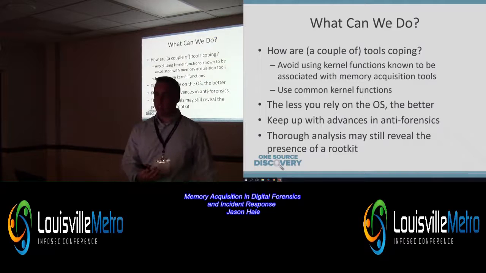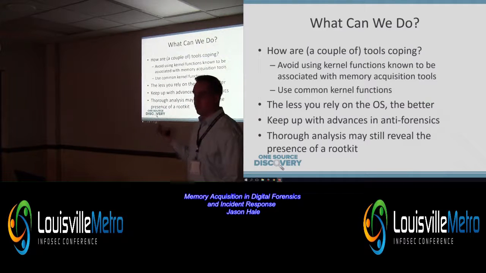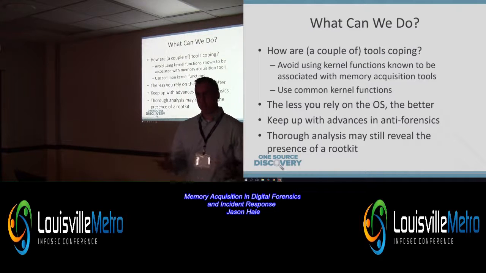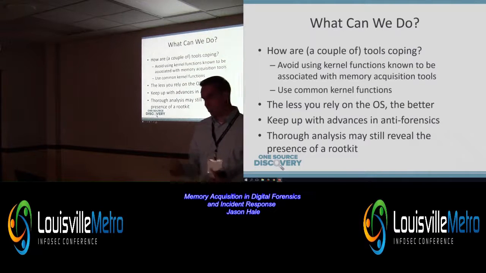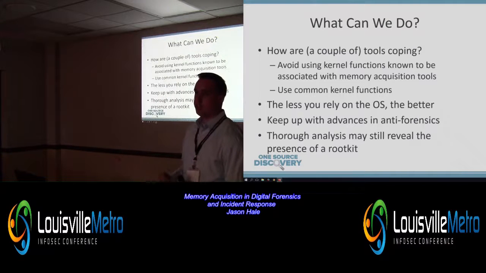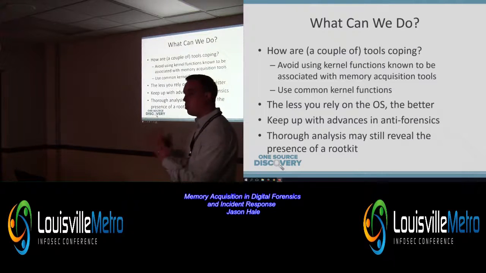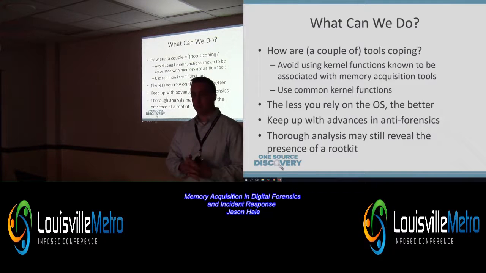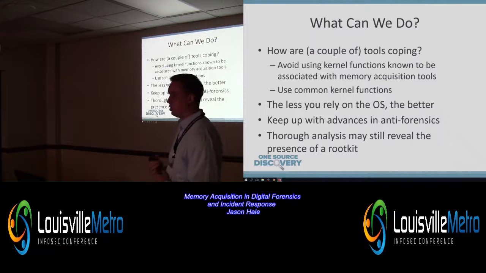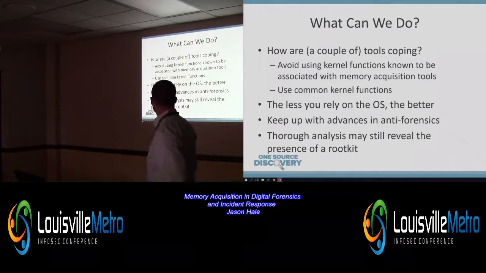But that's not to say you can't identify the fact that there was a rootkit running in the first place. So oftentimes there are multiple ways to answer the same question in memory forensics and forensics in general. So you may not have that first option that you go to, but there are other areas, other pointers to this data in memory once you start to analyze this that you may be able to gain access to. So thorough analysis is definitely a friend here.